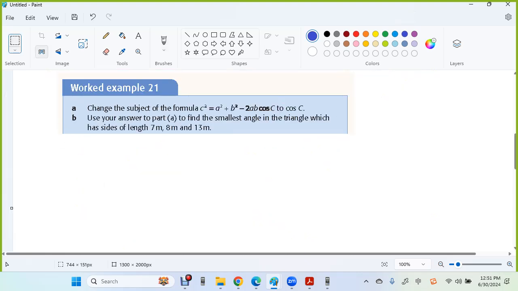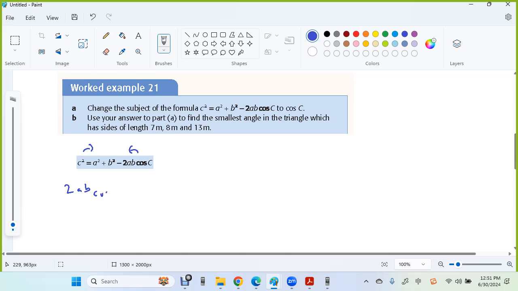Worked example 21. Change the subject of this formula to cos C. So we move this in front and this behind. Then we have 2AB cos C equals A squared plus B squared minus C squared. Then cos C will be A squared plus B squared minus C squared over 2AB.